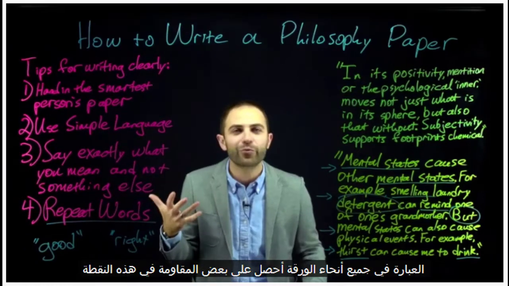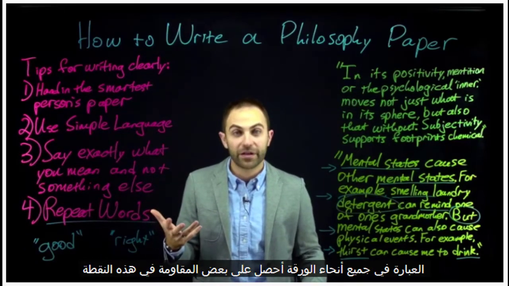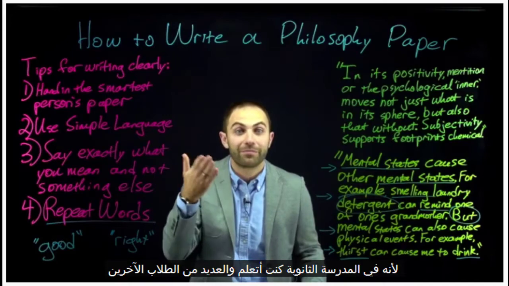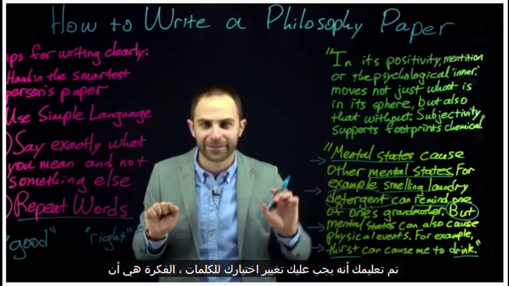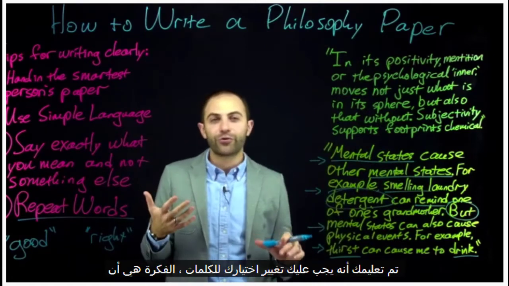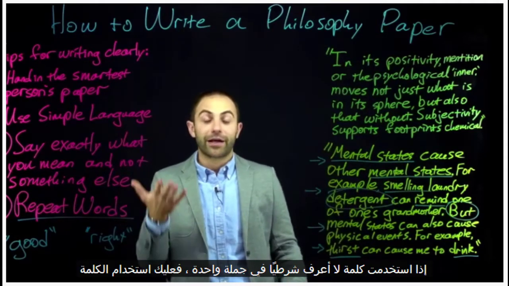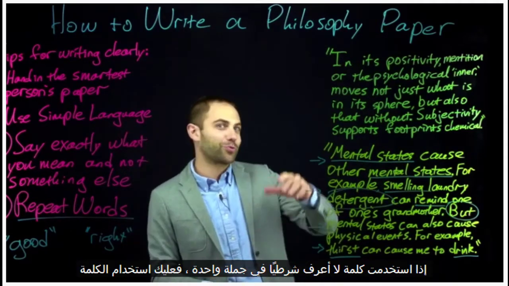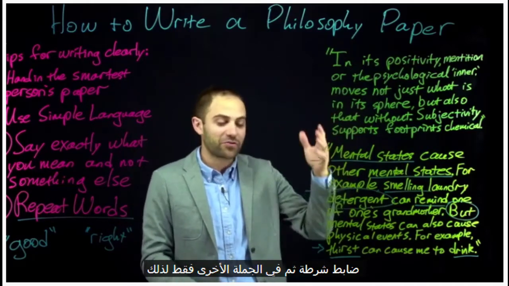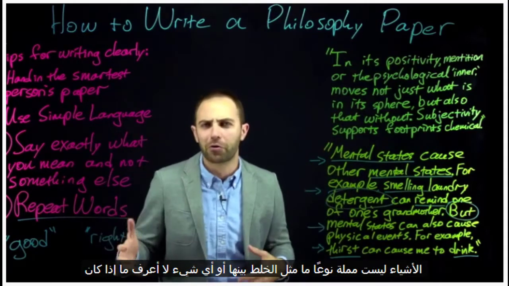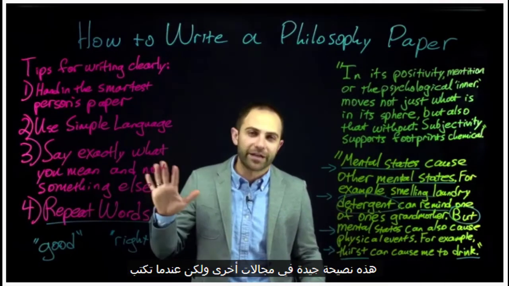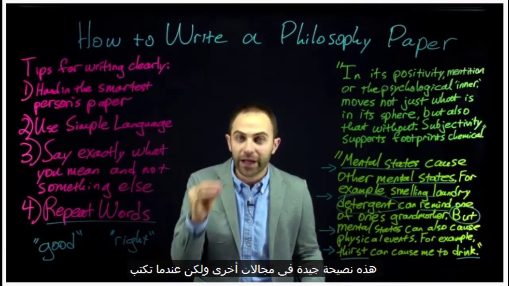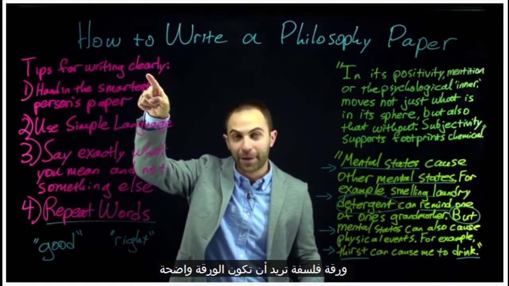I get some resistance on this point because in high school, I was taught, and many other students were taught, that you should vary your word choice. The idea is that if you use the word cop in one sentence, you should use the words police officer in the other sentence, just so that things aren't boring. It sort of mixes it up or whatever. I don't know if that's good advice in other domains, but when you're writing a philosophy paper, you want that paper to be clear.